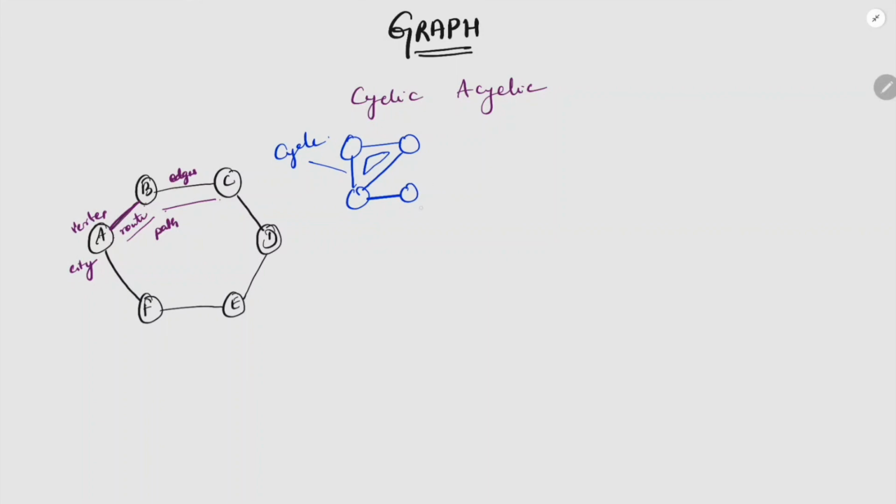Since this graph has a cycle, it is said to be a cyclic graph. Even the first example which we saw actually has a cycle because all the vertices in this graph are connected to form a cycle.